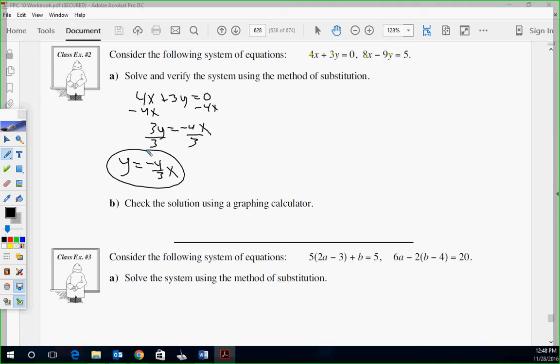So, Travis, where am I going to put the negative 4/3 x? Right there, correct. Into the y, the other equation. So here we go. I have 8x minus 9, plug it in.